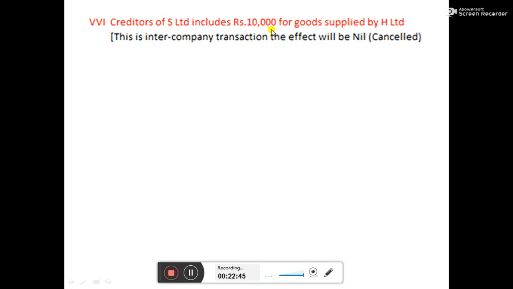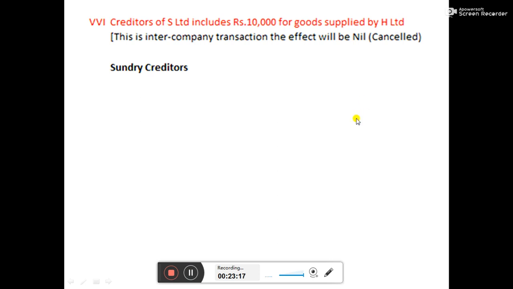The profit adjustment we have already given effect to, but now these 10,000 rupees of goods were sold to S Limited on credit. So S Limited will be the debtor, and H Limited will be the creditor. This 10,000 has to be deducted from S Limited's creditors, and the same 10,000 has to be deducted from H Limited's debtors.